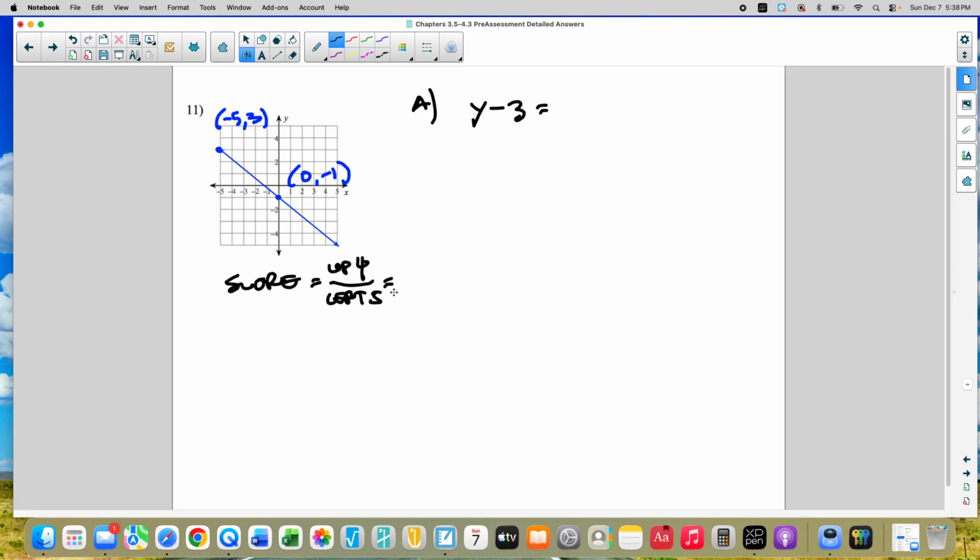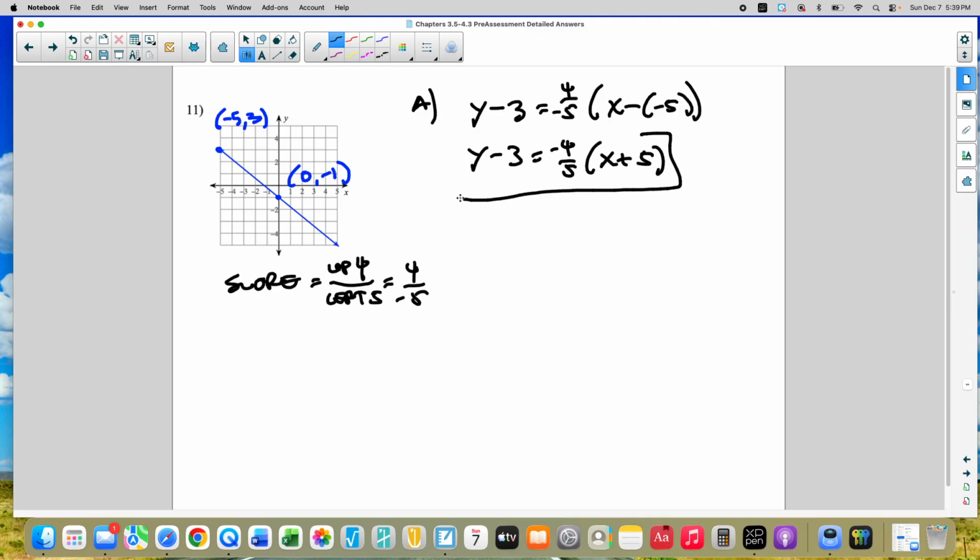Which simplifies to 4 over -5. So my slope, 4 over -5, times quantity x minus my x value, which is -5. Let's simplify that, just the double signs. We're not distributing or anything like that. x plus 5. That is in point slope form.